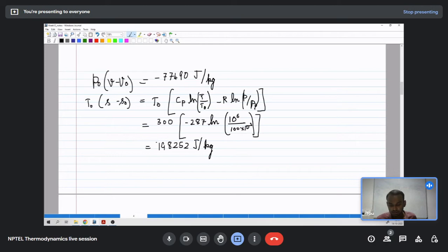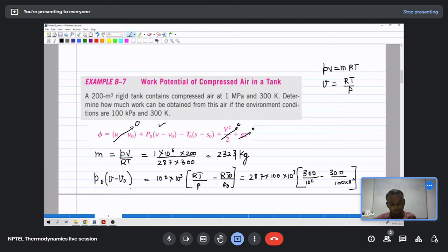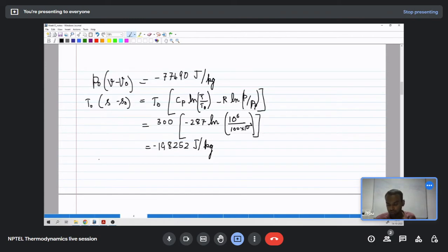This has a negative sign here, so we have P naught V minus V naught, minus T naught times this. So availability is minus 77,490 minus minus 198,252.